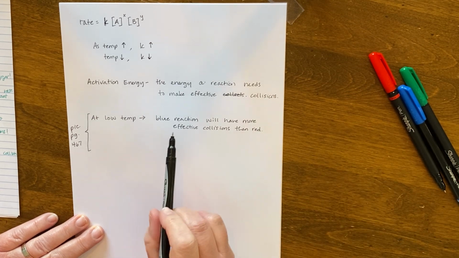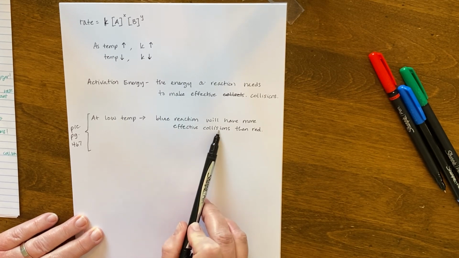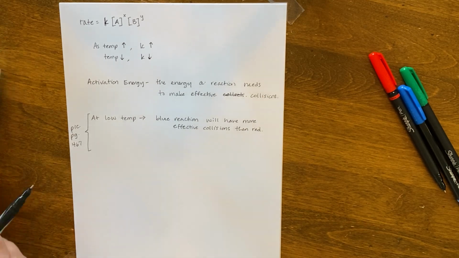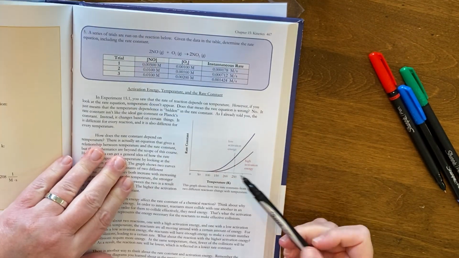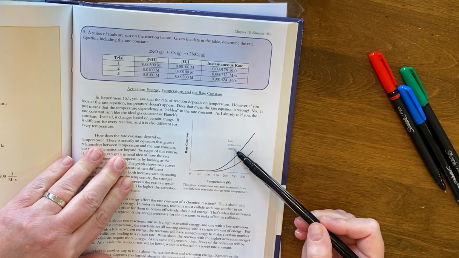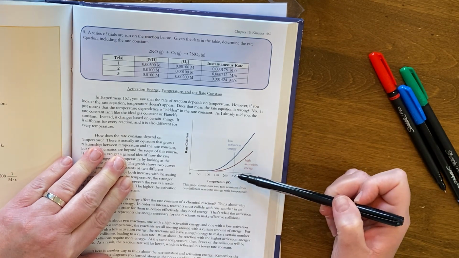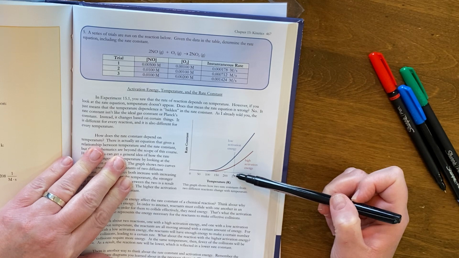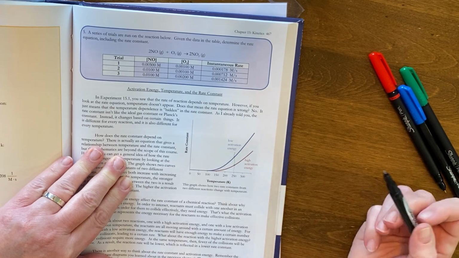Therefore, the rate constant for the blue reaction is a bigger number than the rate constant for the red reaction. So these are two different reactions, the blue and the red. The blue reaction has a lower activation energy than the red reaction. So at the same temperature, say at this temperature of 250 Kelvin, there are much more effective collisions taking place for the blue reaction than there are for the red reaction.